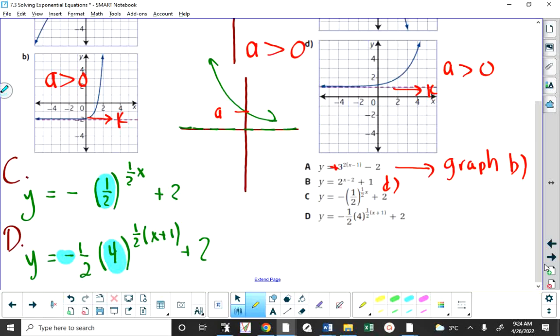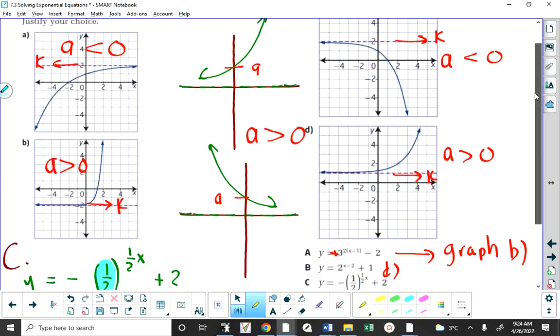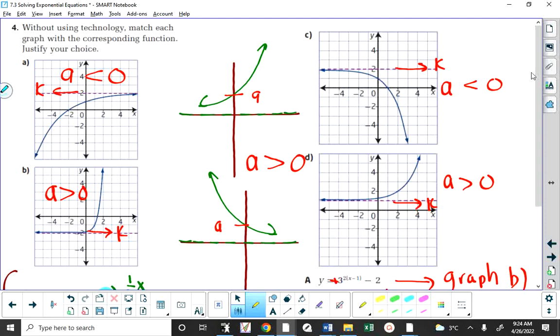So if you take a look at this graph right here, graph C, again, I hate that it's ABCD, ABCD. This would have been increasing, and then it's reflected, so this must be the one that has a base of 4. And then that leaves the third graph, graph A, must match choice C.